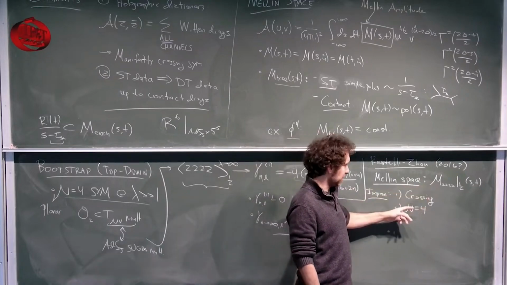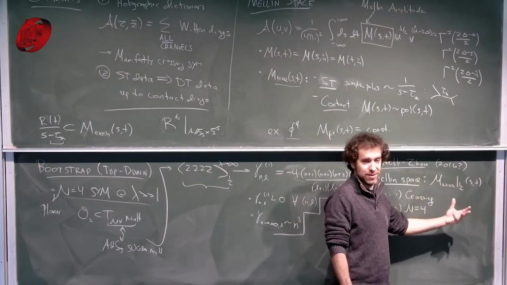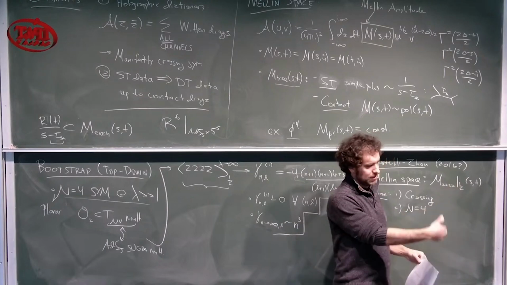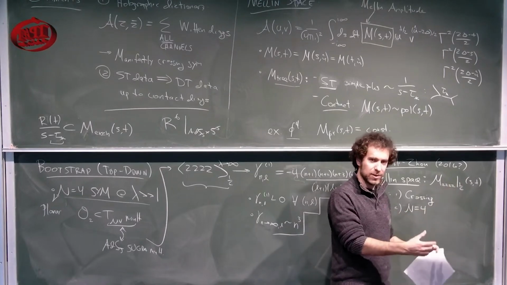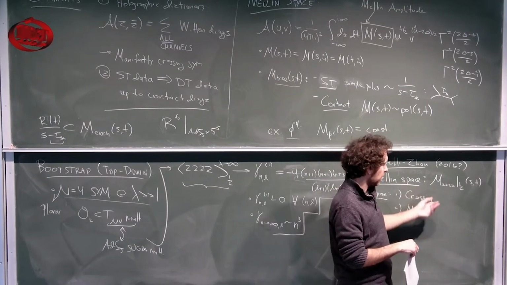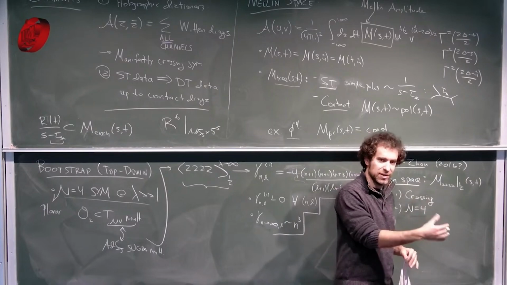This amounts to the statement that this can be written as some piece of the function which comes for free, which actually corresponds to the free limit of the correlator, plus some piece which is the dynamical or interacting piece, and imposing N equals 4 supersymmetry accordingly leads you to have to only compute this relatively simpler function.